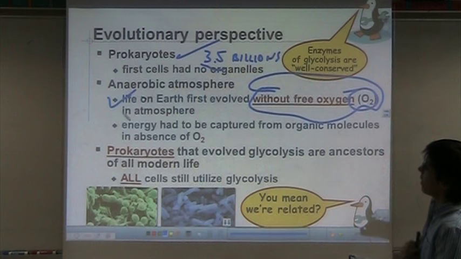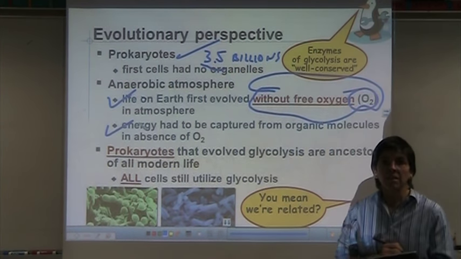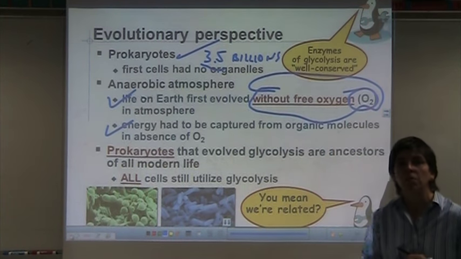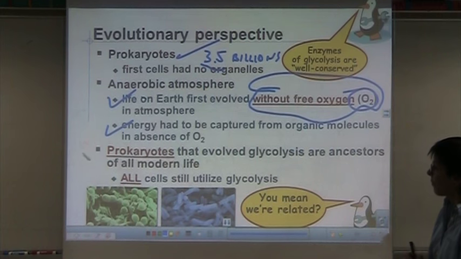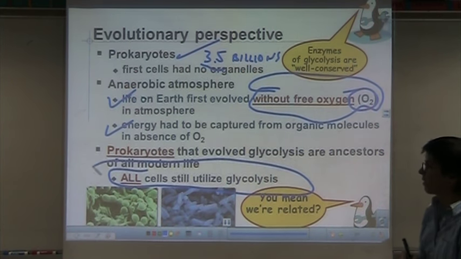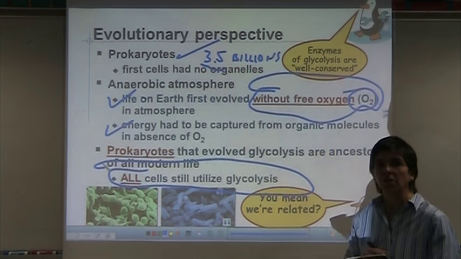Life on Earth first evolved without free oxygen. All the energy captured from organic molecules had to be taken using this process of glycolysis. And please notice that all cells that do cellular respiration still use this metabolic process.